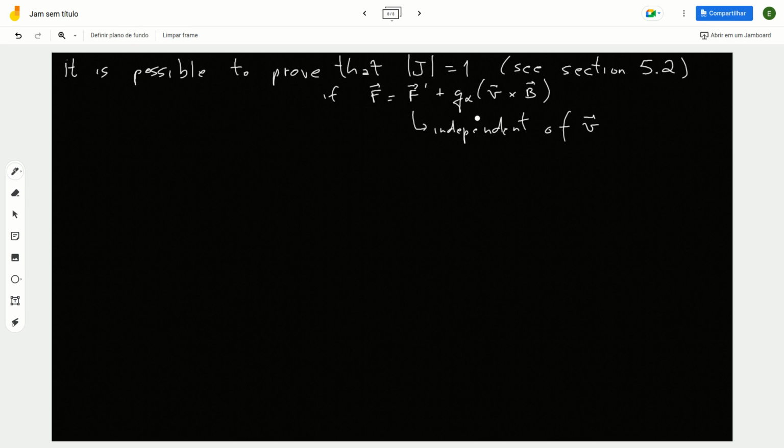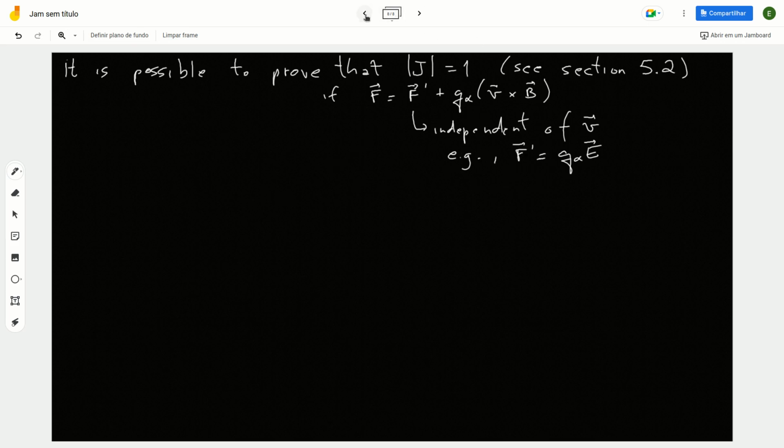Like if you're using the Lorentz force, then you have just this, right? Then if you use this F prime, you get the Lorentz force in the traditional form.